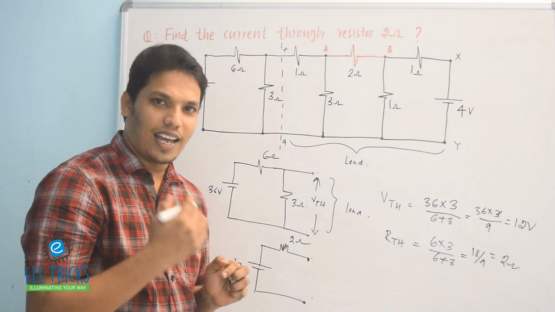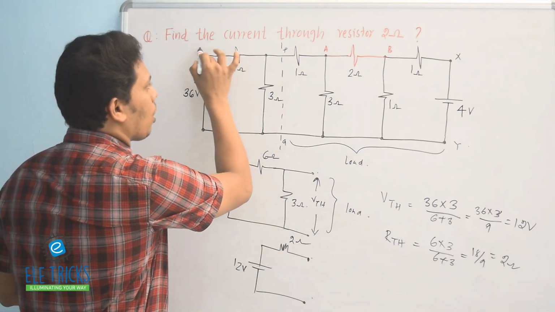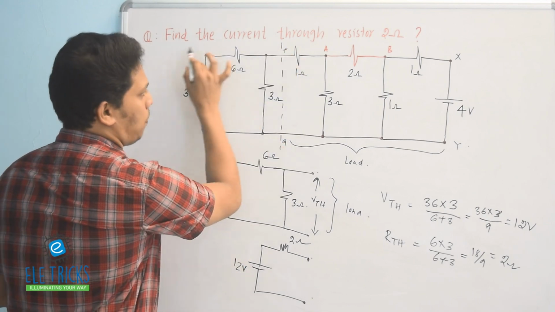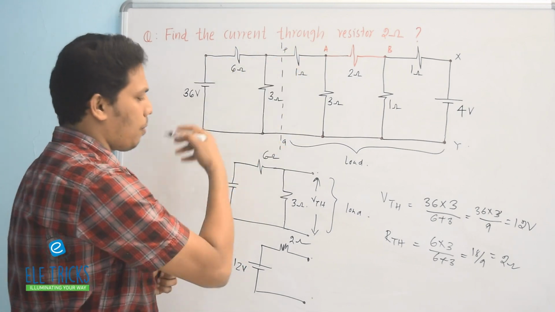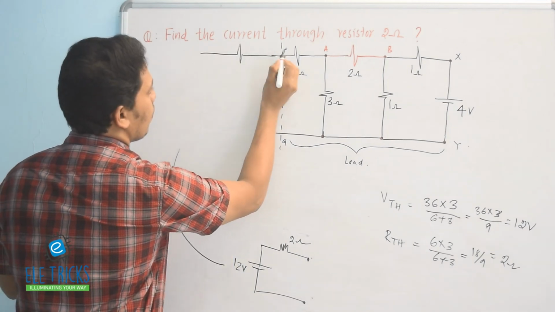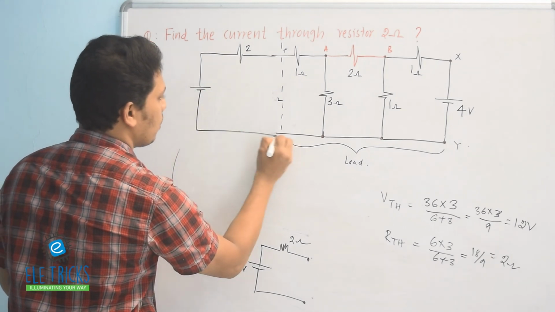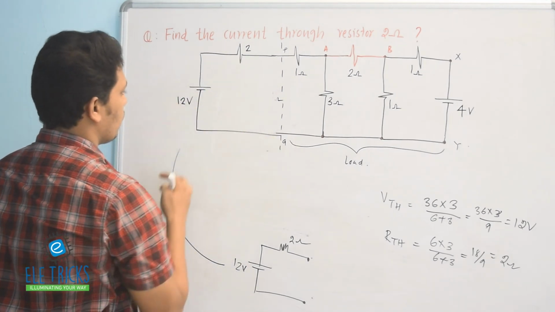Then the next step, you remove my first part of the circuit and connect the Thevenin equivalent here. This is 2 ohm connected with 12 volt.